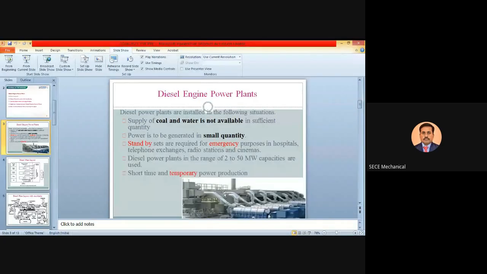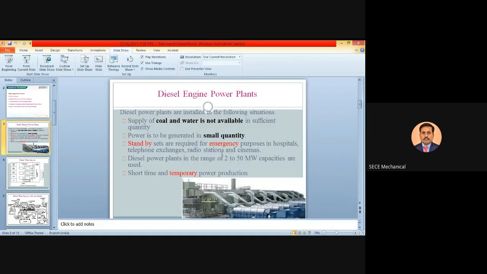So here you can see 4 or 5 diesel engines combined together to produce the power. If you want to produce 50 megawatt power, you have to connect more engines. Only then is it possible to produce more megawatt power.